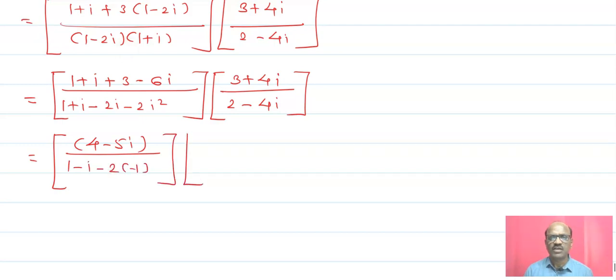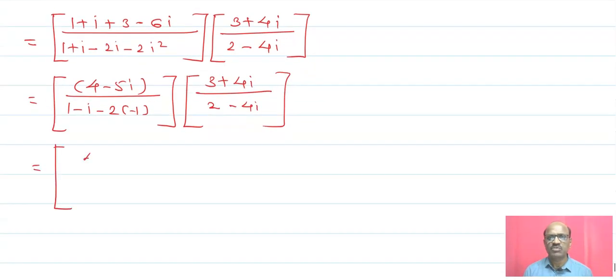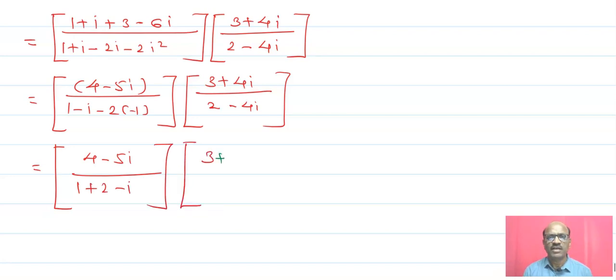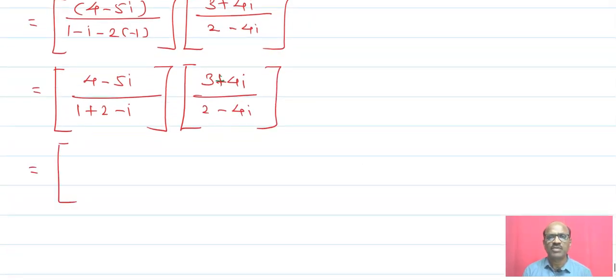That is 1 minus i minus 2 in bracket minus 1 into 3 plus 4i upon 2 minus 4i. And now simplify this. That is 4 minus 5i upon 1 plus 2 minus i into 3 plus 4i upon 2 minus 4i.